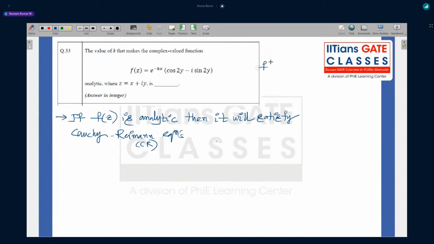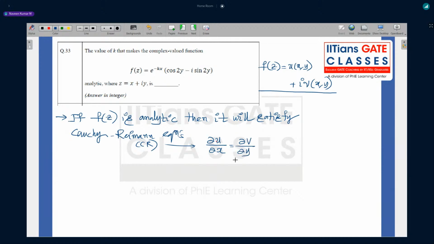If f of z is equal to u of x comma y plus i v of x comma y, remember, this was the basic fundamental equation, then the Cauchy-Riemann equations are: dou u by dou x is equal to dou v by dou y.